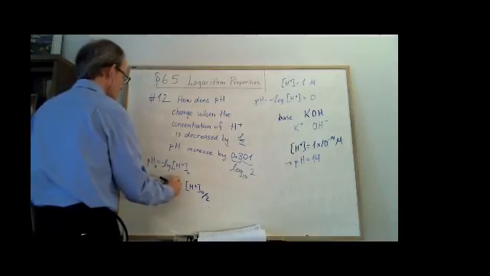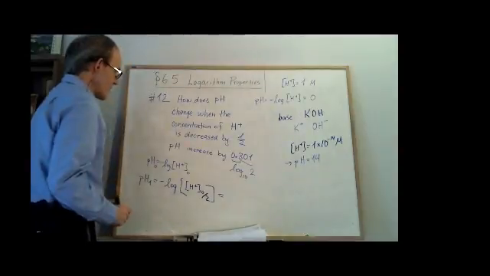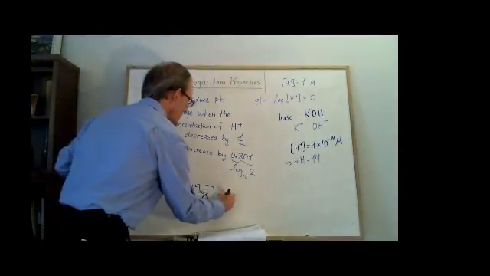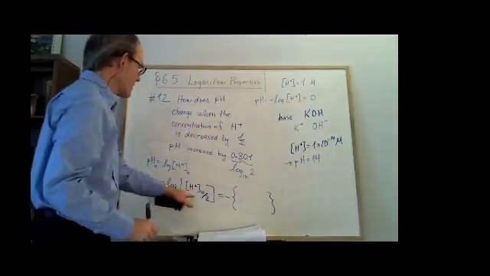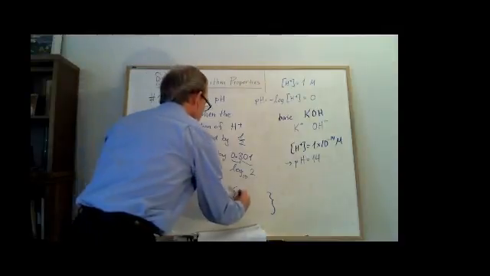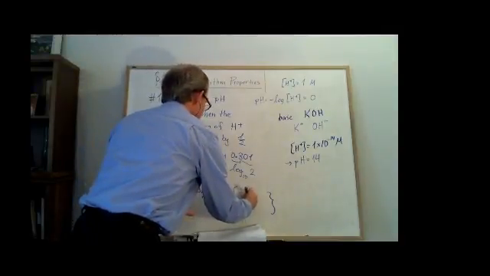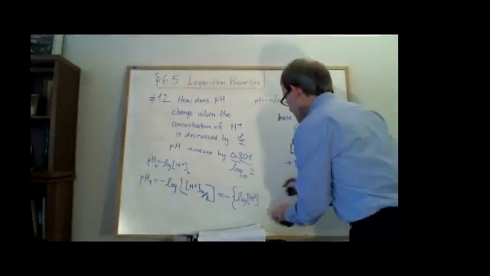Again, I take minus the logarithm of this whole thing. Now what is this? Well, I have a minus sign, and in brackets I get the logarithm, and I use the quotient rule for logarithms. So I get the log base 10 of this hydrogen concentration as before, and then I subtract the log base 10 of 2.